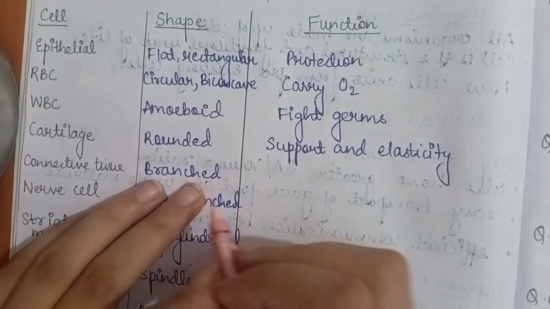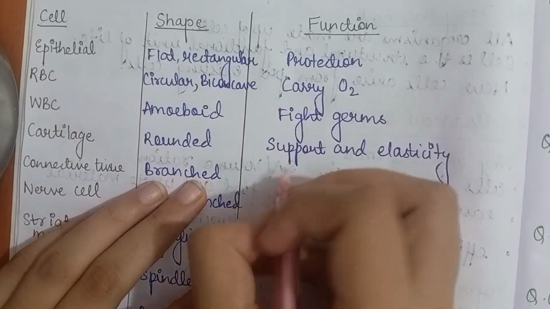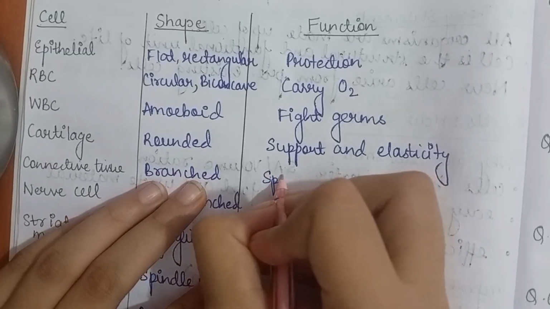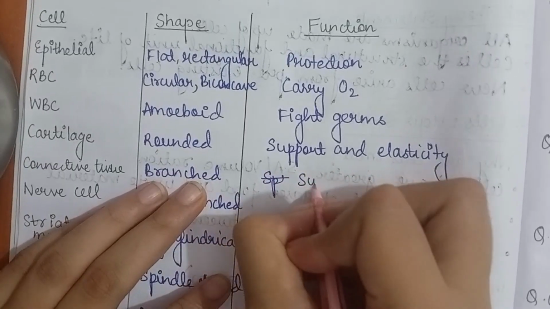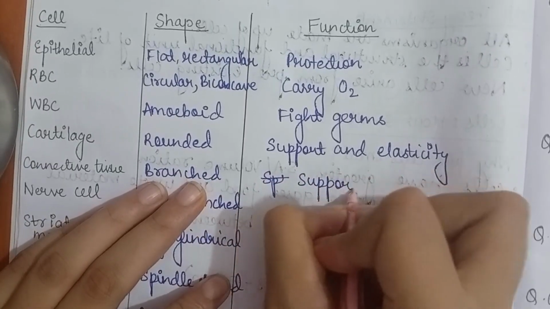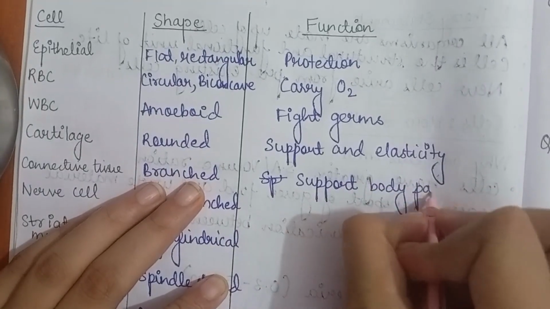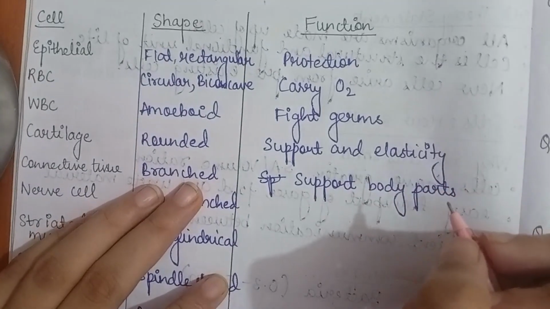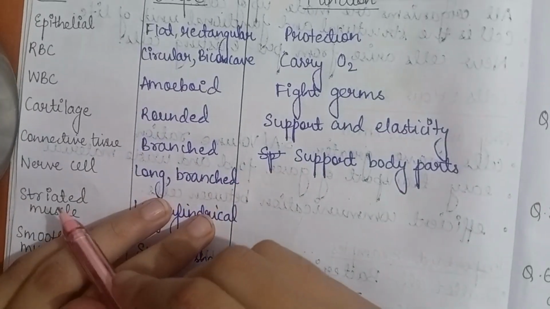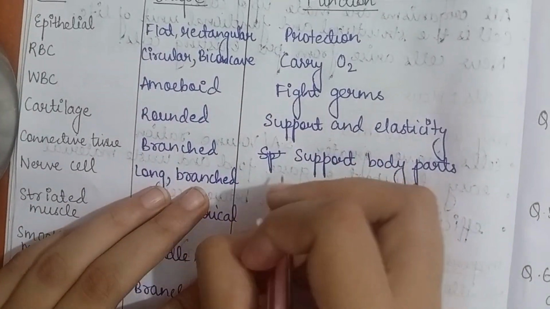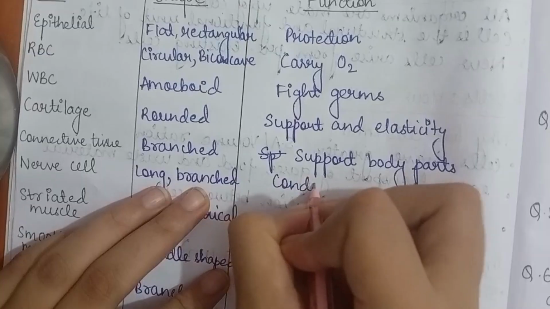Then connective tissue, their function is to support or connect body parts. Okay, then nerve cell, they conduct impulse.